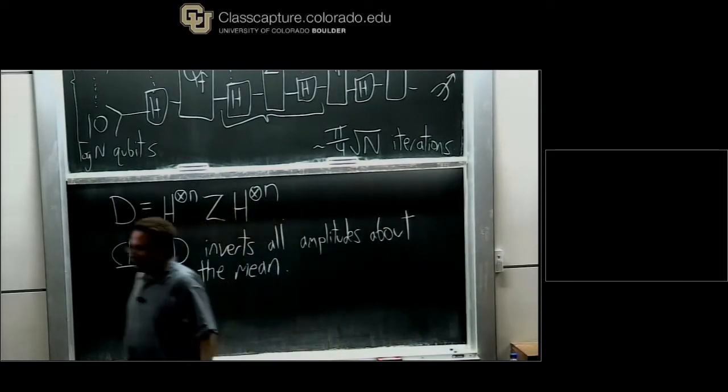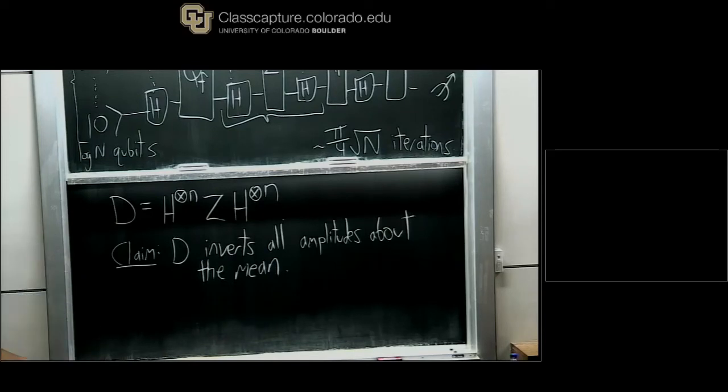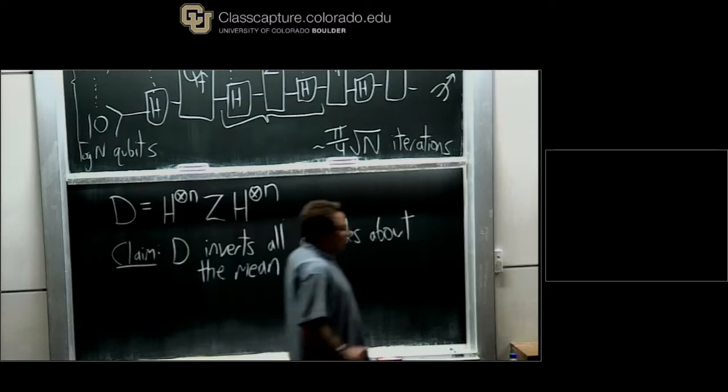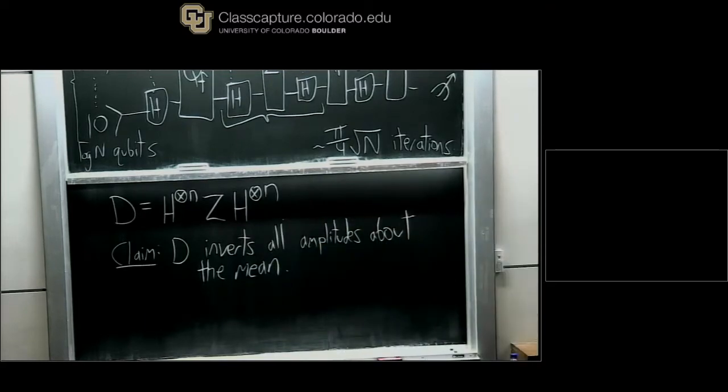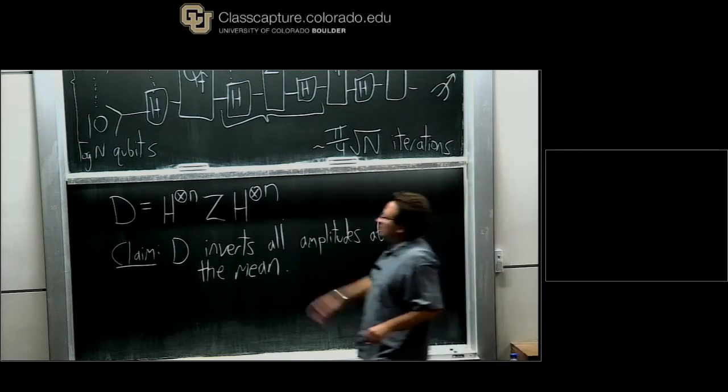The claim is that D simply grabs your quantum state vector, and it takes all of the amplitudes and inverts each one about whatever is the average of the amplitudes. So if your amplitude was 2/3 and the average one was 1/2, then your new one is going to be 1/3. You just go down. Why does it do that?